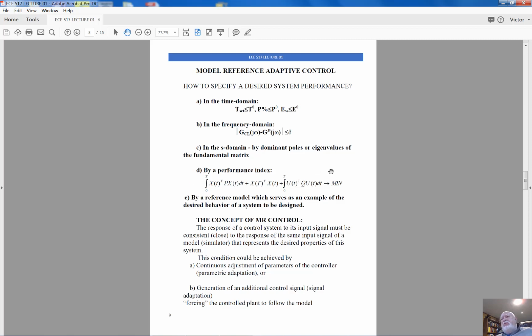It is called a performance index. A performance index normally has three components. The first component describes the losses associated with maintaining a particular path in the state space of the system.